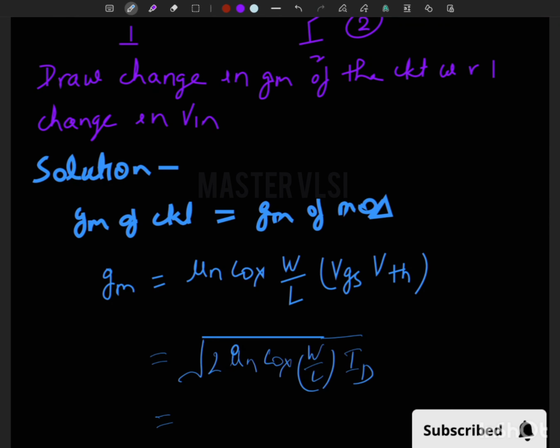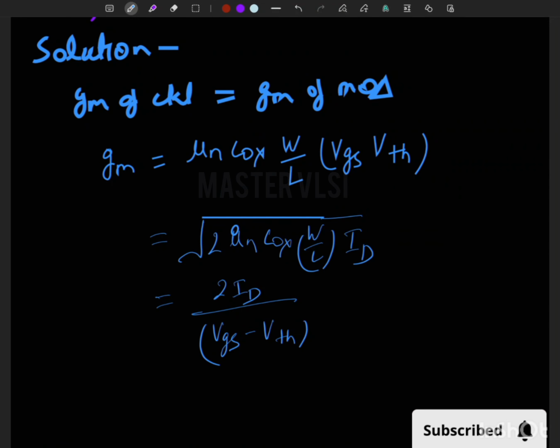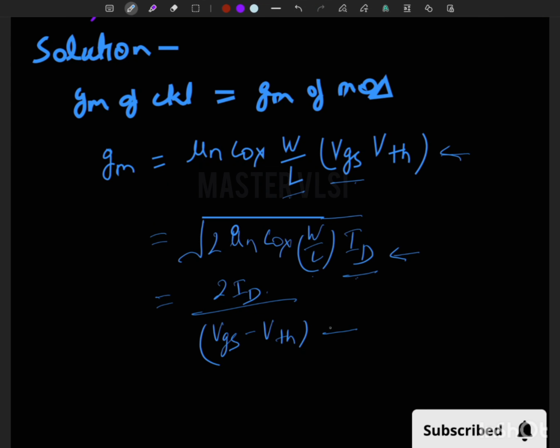Third is 2 ID upon VGS minus VTH. So depending upon the value we are varying, like VGS or W by L or ID, we can use the appropriate GM formula. If W by L is constant and VGS is varying, we use the first formula. If ID is constant and W by L is varying, we use this formula. If W by L is constant and ID is varying, then as well we use this formula. If ID is constant and VGS minus VTH is varying, then we use this formula.